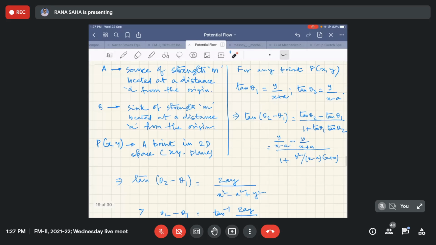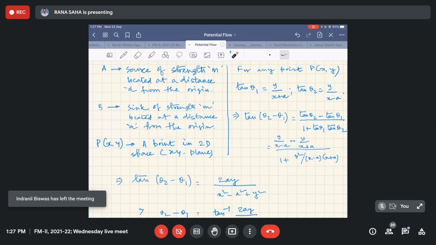Okay, and another notable aspect, typical for the way we have treated this potential flow analysis, is that in the entire combination we have only dealt with the stream function. We have not dealt with any kind of velocity potential.